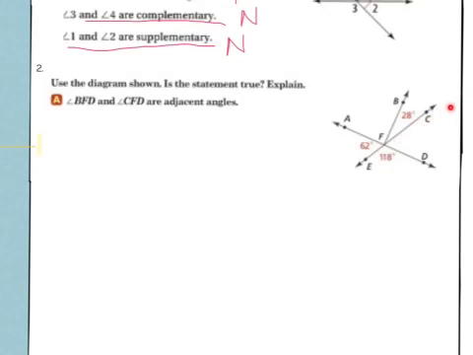And they actually share a ray. So these must be adjacent because they share a ray. And if we wanted to, we could figure out how big CFD is because it's vertical to AFE. And we learned way back that vertical angles are congruent. They are the same measure. They're equal. So this is also 62.